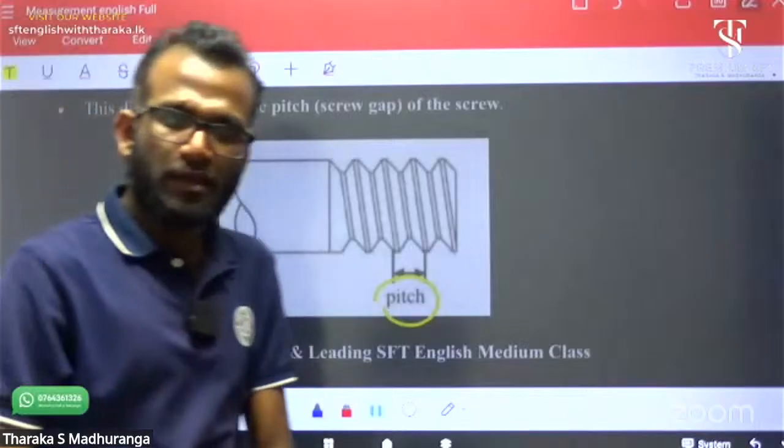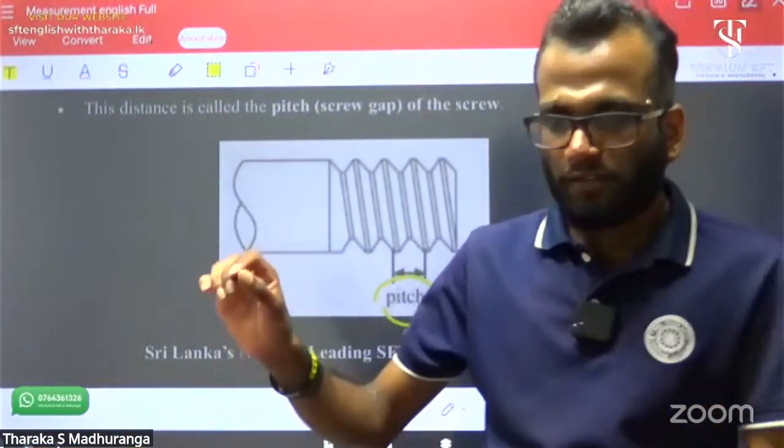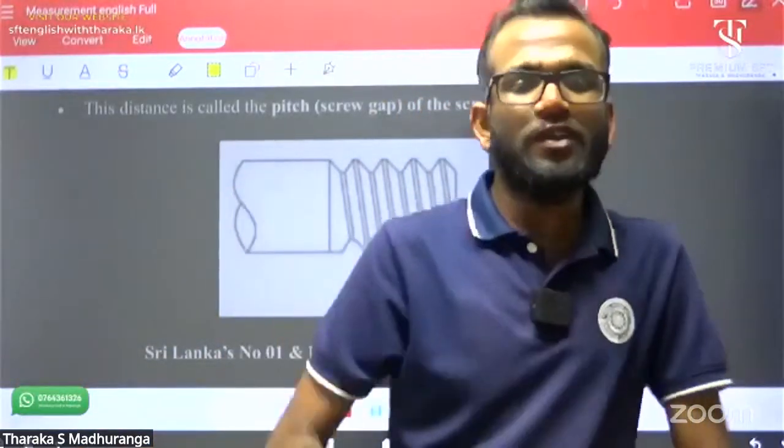If not, I will explain again. The screw gap of the micrometer screw gauge, very good, Nithya. The screw gap is 0.5.